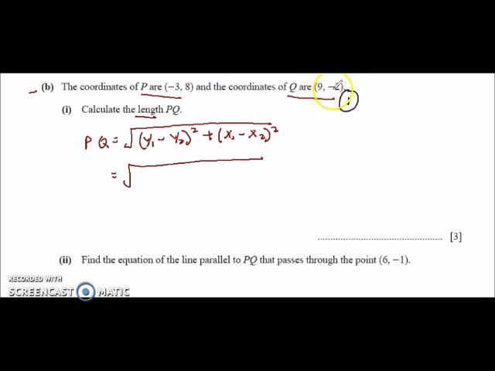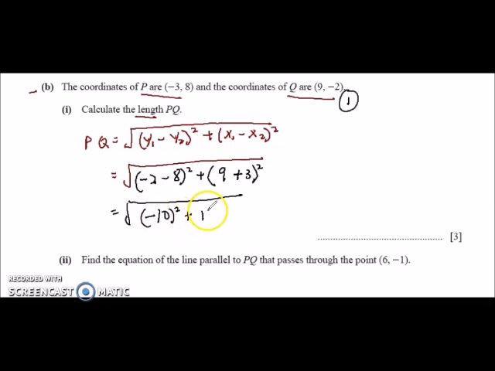So we just choose either one. Let's say I just choose this one as the first one, so negative 2 minus with 8, you got a square over there, then your x here will be 9, we minus with negative 3, so it will become a positive over here, so we square here, and this thing will become negative 10, you square, plus with here you got a 12, you square this.